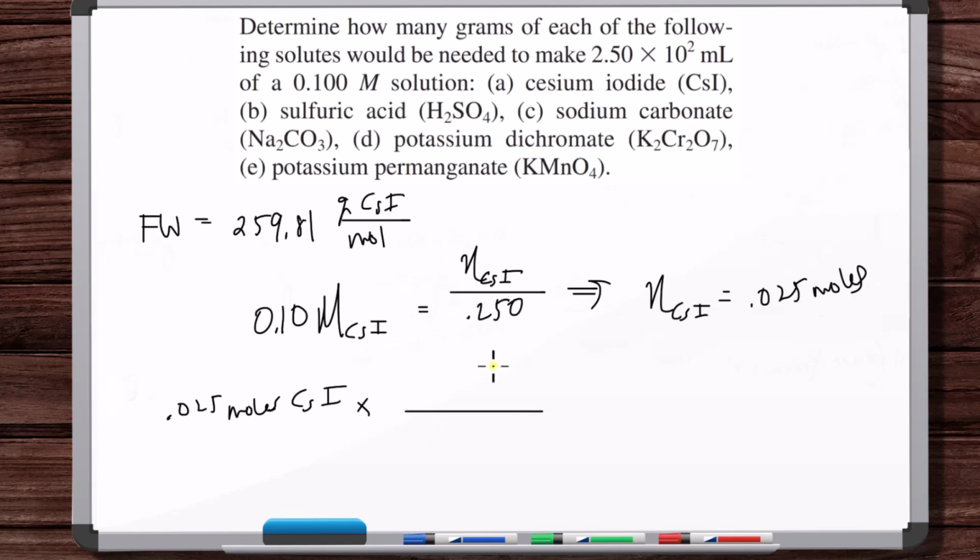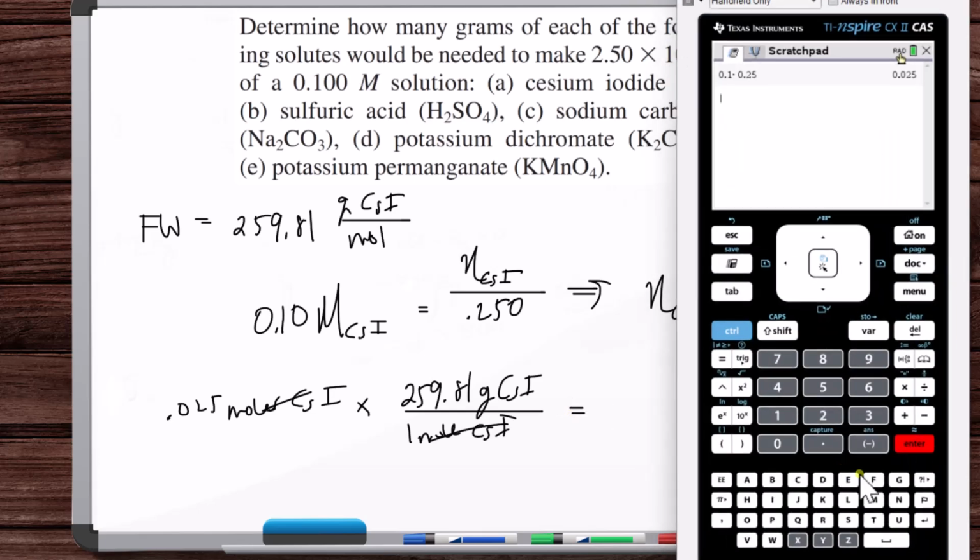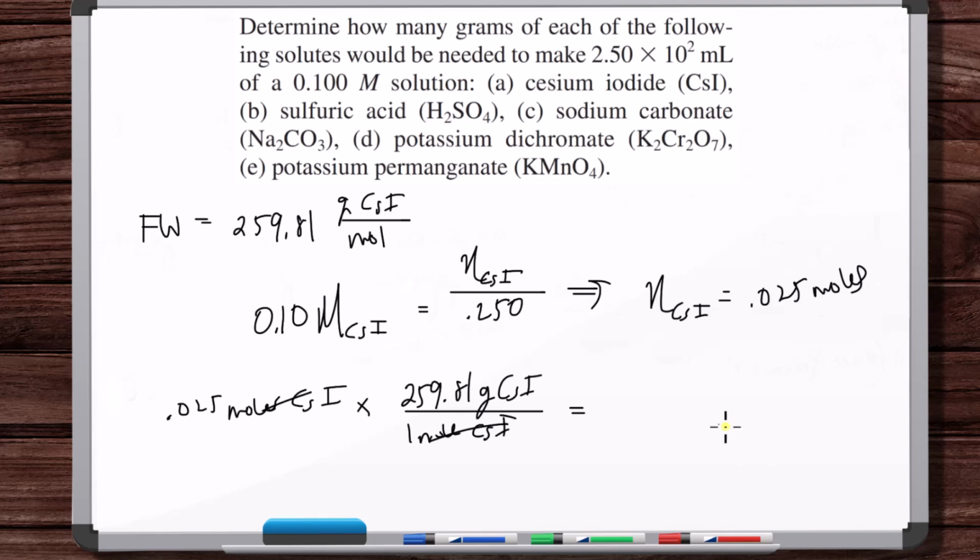Well, we know that there's 259.81 grams of cesium iodide for every 1 mole. That gives 6.5.